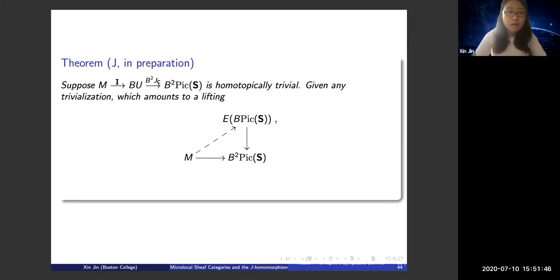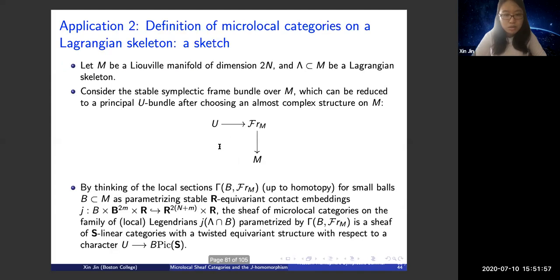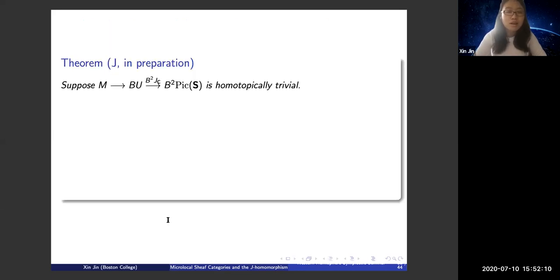So you have this classifying map of the frame bundle, and then the second bundle comes from this U. So this character is from the composition of first U to U mod O, and then composed with the BJ. So it's almost immediately following from our main theorem, but of course one still has to write down some details.